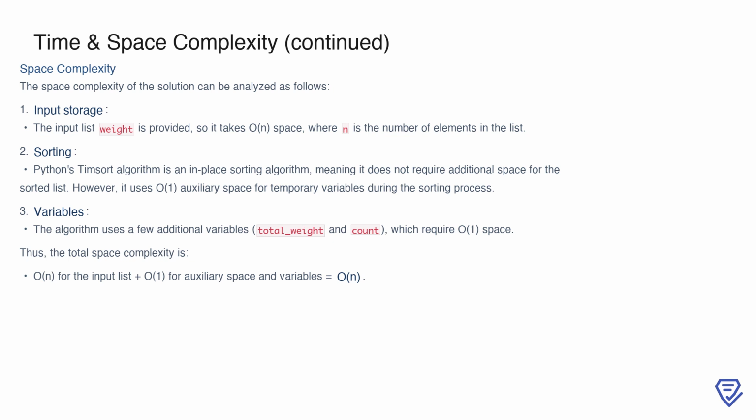Additionally, our algorithm only uses a few extra variables, such as total_weight and count, which also require O(1) space. When we add these together, the total space complexity becomes O(n) for the input list, with the additional constant space being negligible in comparison. Therefore, the overall space complexity of the solution is O(n).